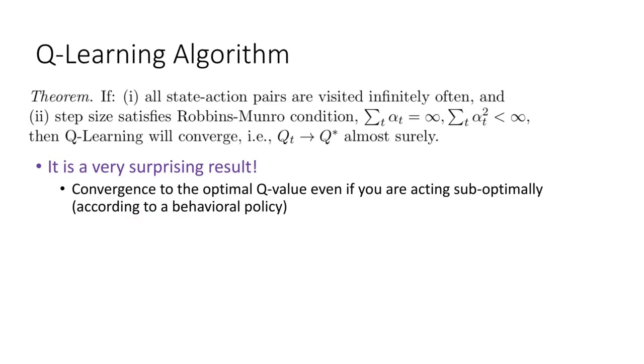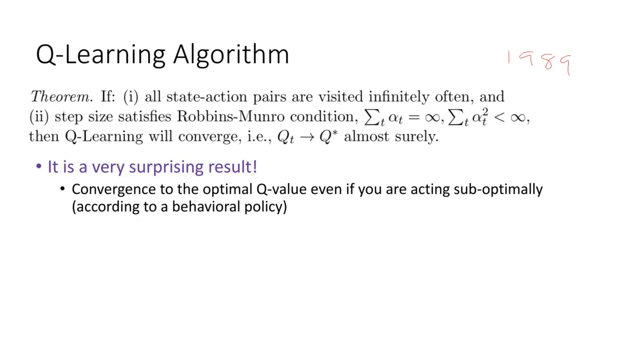So the proof of this algorithm requires non-trivial effort. The Q learning algorithm was first proposed in 1989 by Watkins and Dayan, and then it became popular.